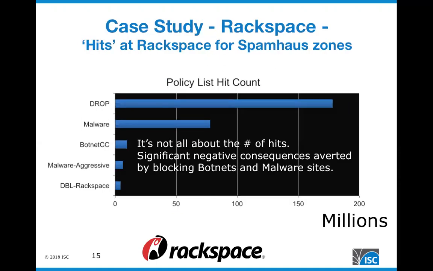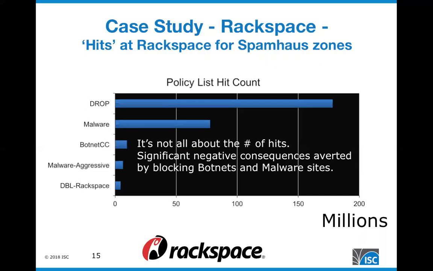So as it says here on this slide, it's not always about the number of hits. It may be about what something is connecting to, not how many times it's trying to connect to it, because if something is trying to connect to something that's already compromised and trying to spread itself out, being able to just block a specific domain may be more effective than what could happen in another circumstance.